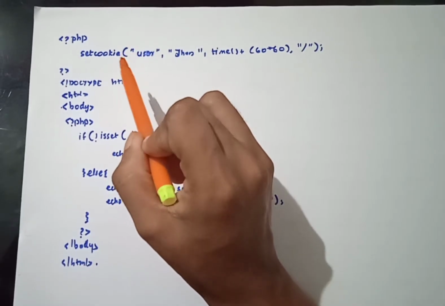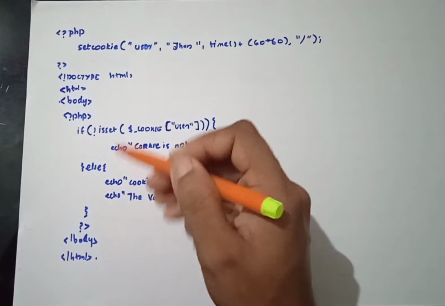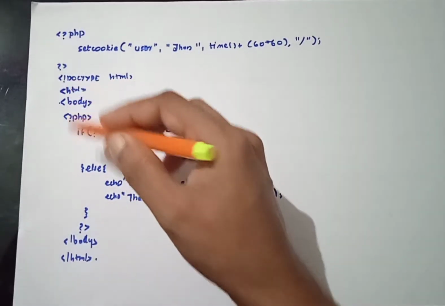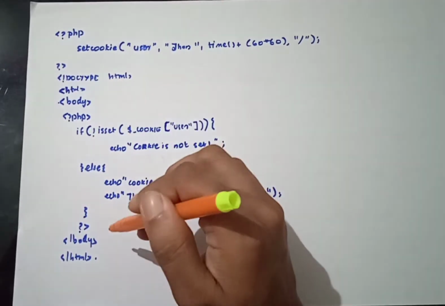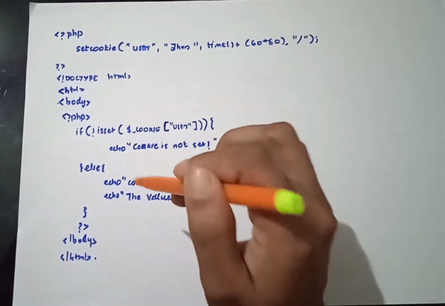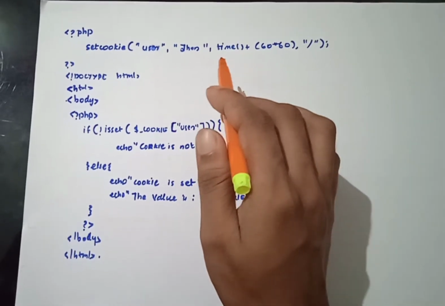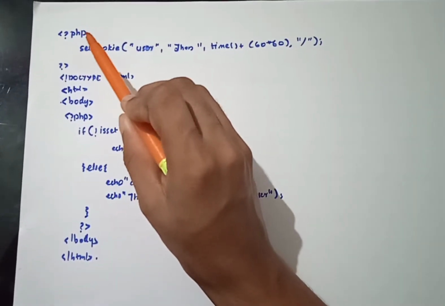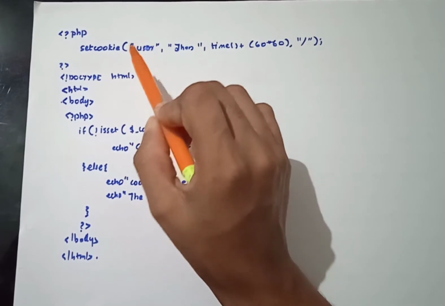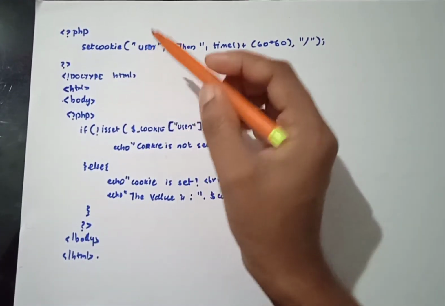This is what we said earlier: before you add any of the tags or the HTML code, you must declare the set cookie function if you are going to attach this cookie to your browser.